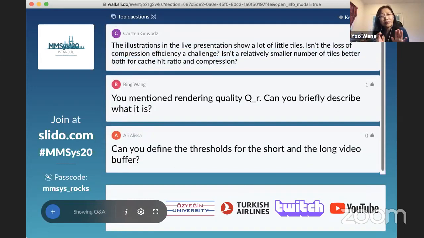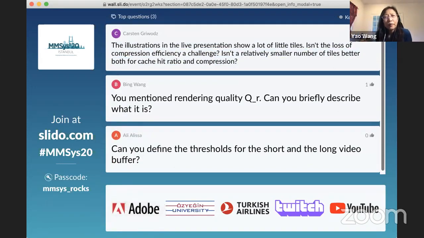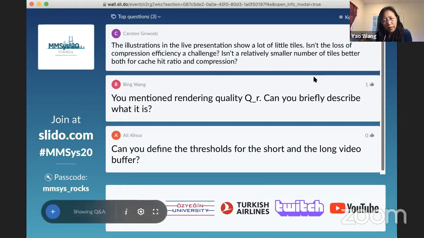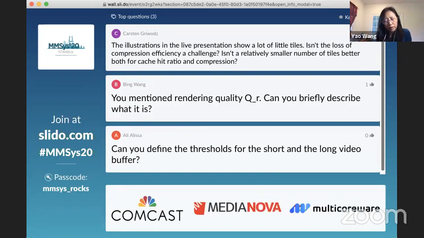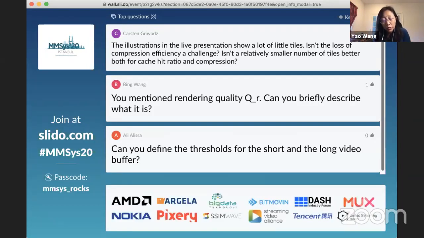Yes, we in fact investigated what the tile size should be, considering the loss of efficiency in tile-based coding. Here it's actually a tricky question. First of all, if it's an 8K 360 video, the whole frame is huge.